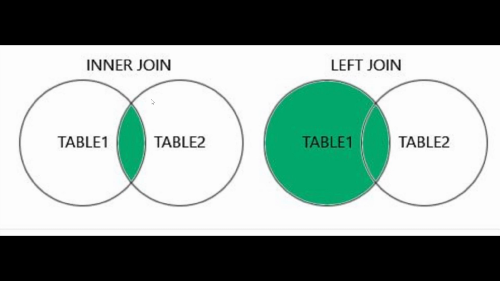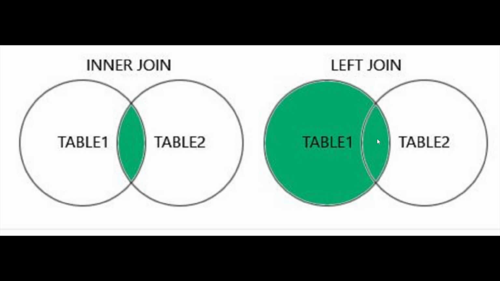Alright, so this is inner join and left join. Inner join means it returns records that have matching values in both the tables, whereas left join means that it returns all records from the left table. And don't be confused about left or right, I'll show you in a little bit.